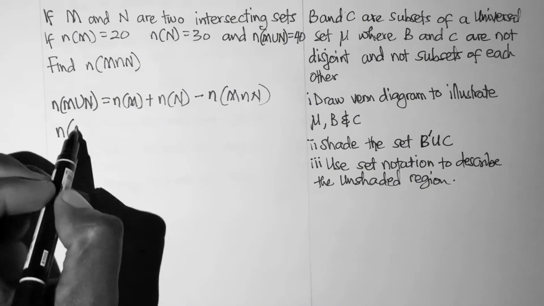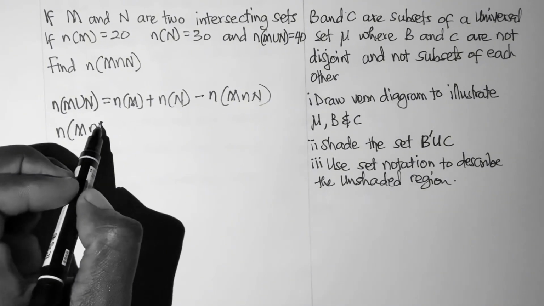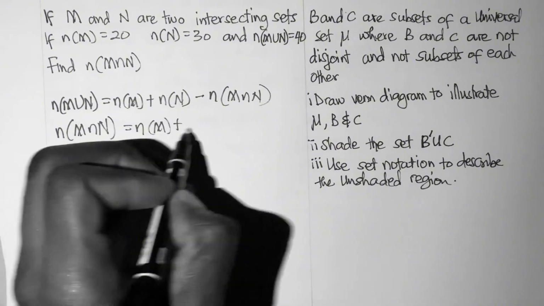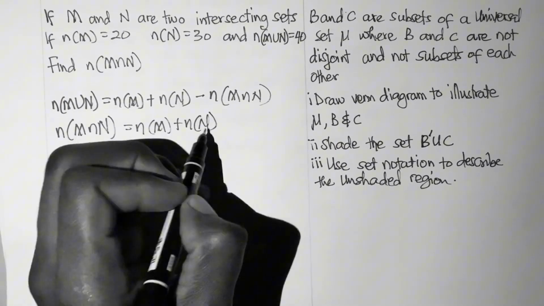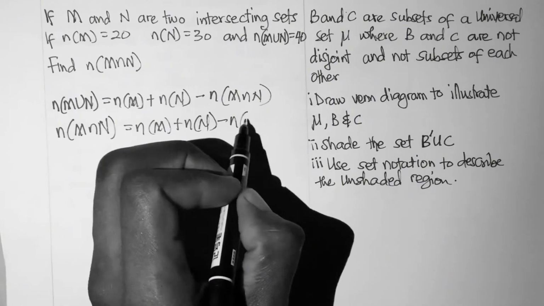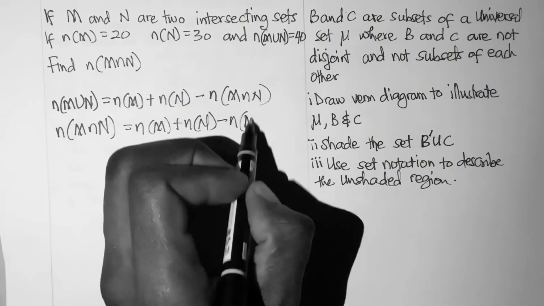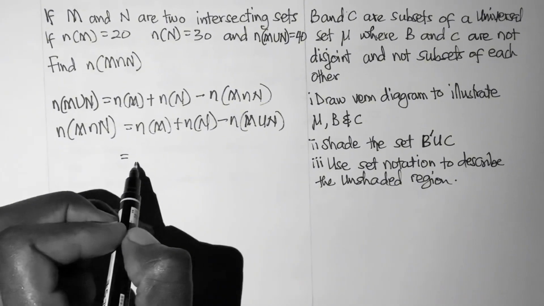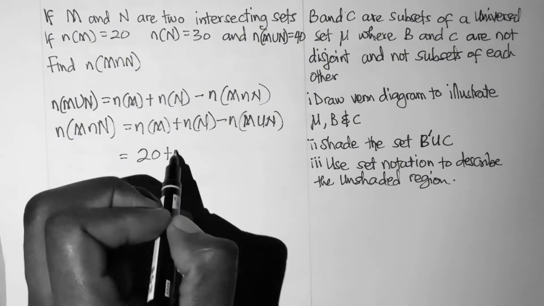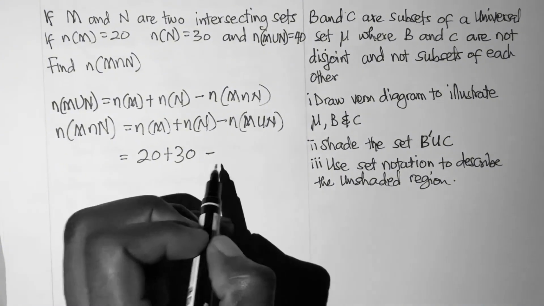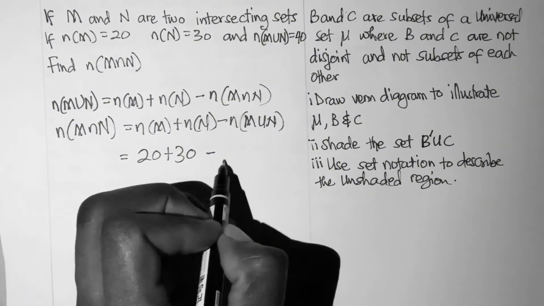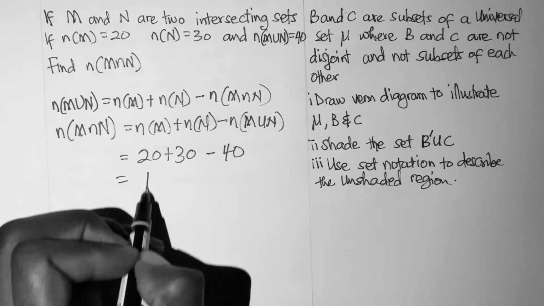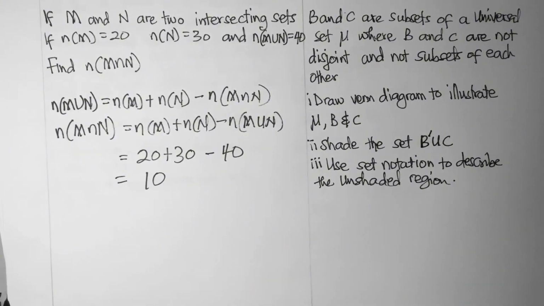So number of M intersection N is equal to number of M plus number of N, minus number of M union N. So the number of M is 20, number of N is 30, number of M union N is 40. So 20 plus 30 is 50, 50 minus 40 is 10. So the answer is 10.